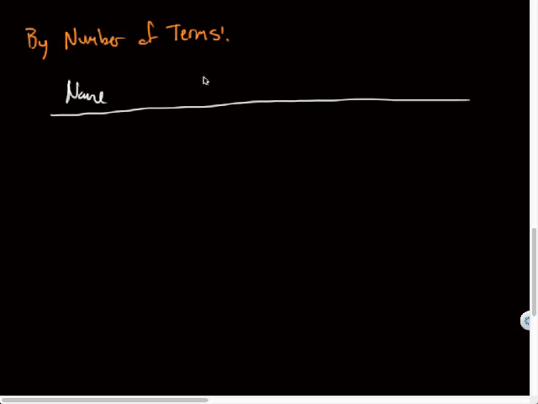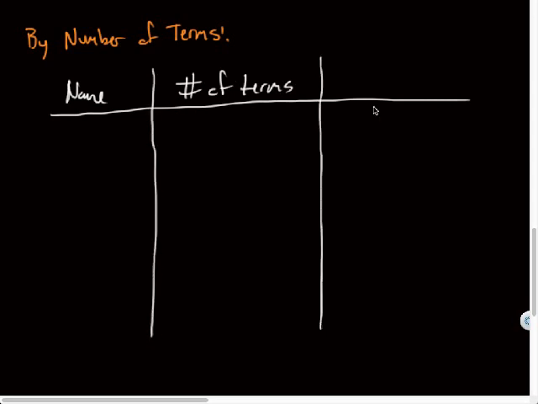Name, number of terms. This will be a shorter chart. And then we'll have some examples again.